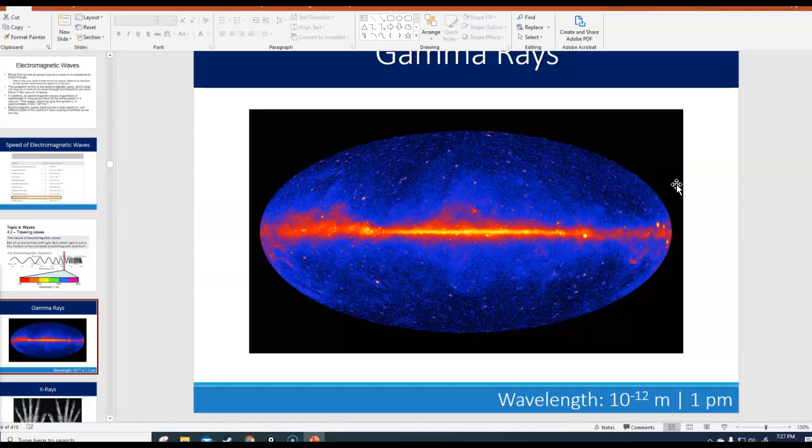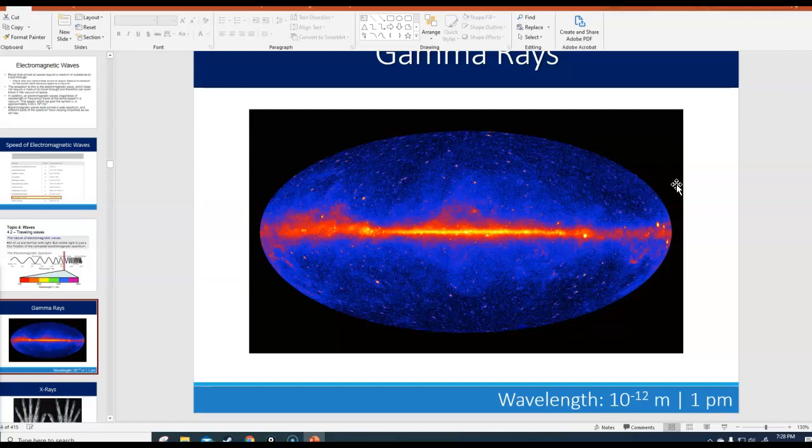What you're looking at now is basically a picture of the sky, but it's taken not with visible light, but in terms of gamma rays. The bright spots in the night sky represent gamma photons, really high energy photons.